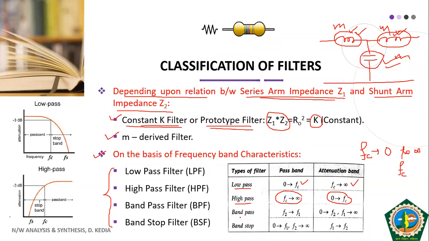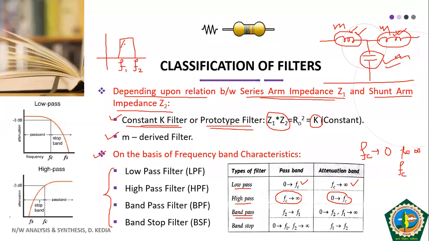Then in the case of band pass filters, we have two cutoff frequencies. So it will have a frequency response like this. We have one cutoff frequency, f1, and another cutoff frequency, f2.